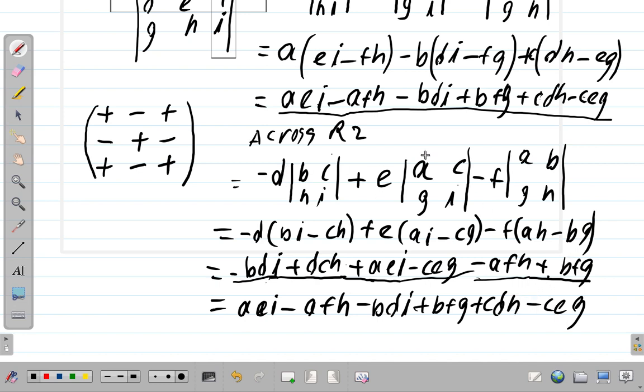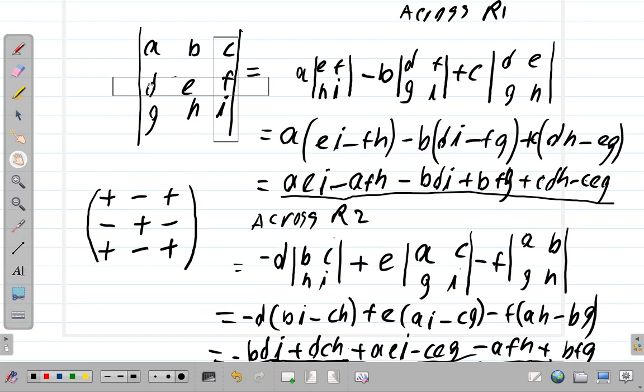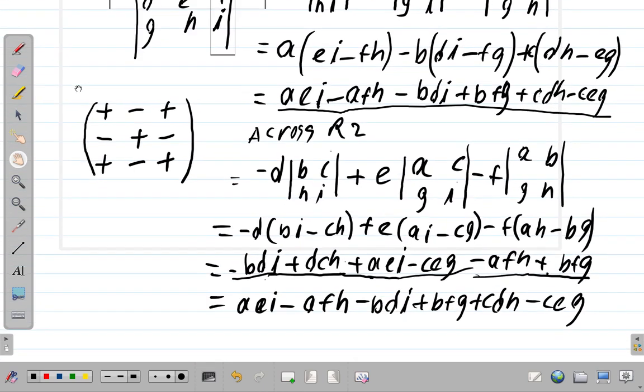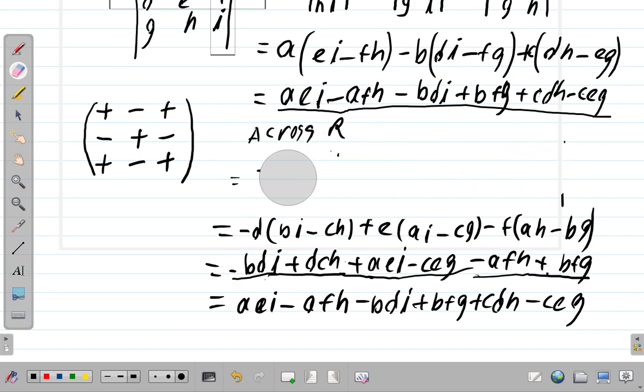So, when we expanded across row 2, we got the same thing as when we expanded across row 1. Would that also happen if we expand across row 3? Let's see. Let's find out. This time we expand across row 3.